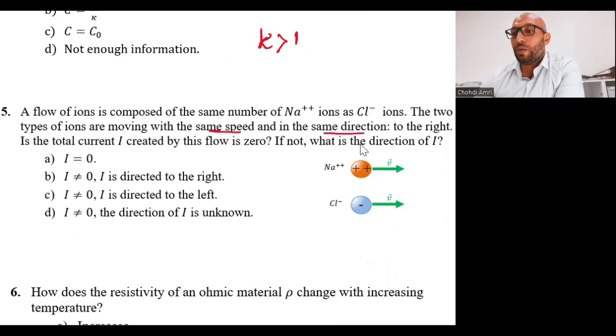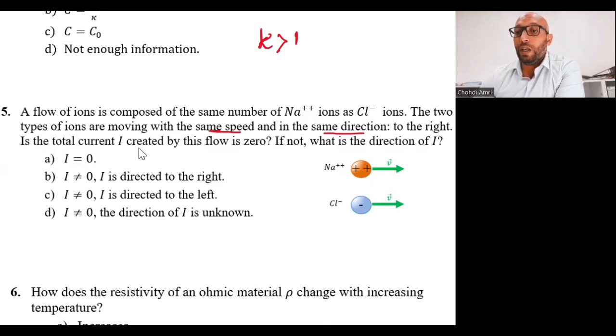So what is the difference between these two situations? In the first situation, a positively charged particle is moving to the right, and a negatively charged particle is moving to the right also. The difference is in the sign of the charge and the number of the charges also.